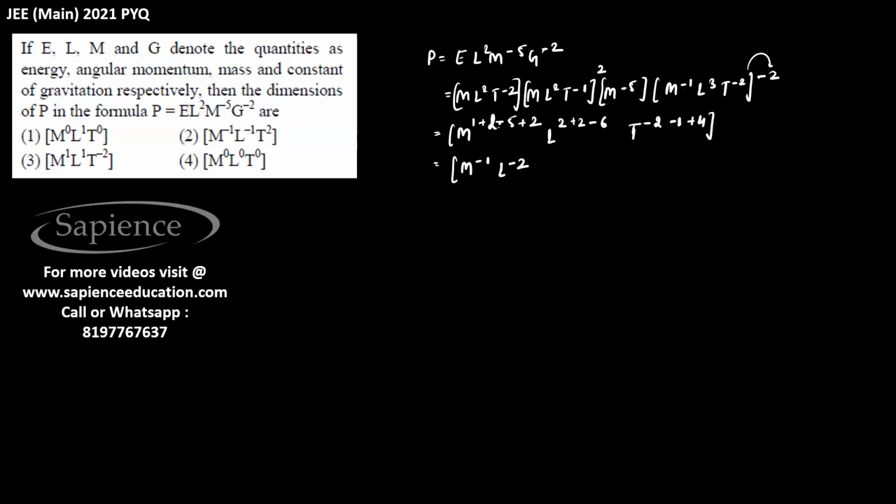So this will become 2, this will become 4, and this will become minus 2. So this will yield 2 plus 4 minus 6, which is 0, and t raised to the power 0. So the answer is m^0 L^0 t^0 will be the final answer.